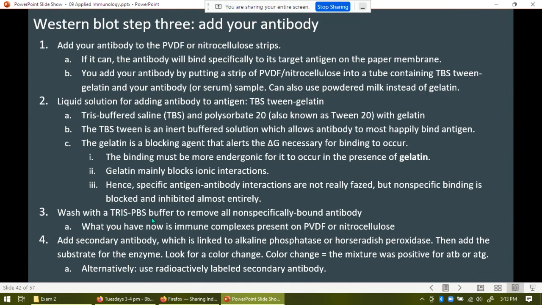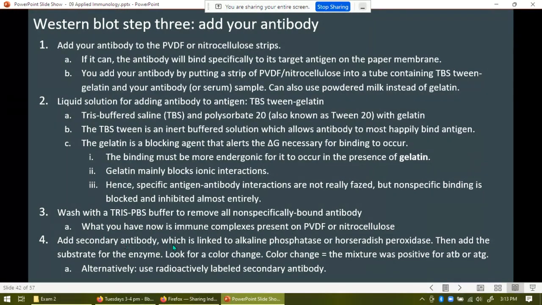Next, you're going to add tris PBS buffer to remove all non-specific antibodies from the serum mixture, usually serum, where you're looking for an antibody. So now you have immune complexes present on the PVDF, an antigen bound to the PVDF, and the antigen is also bound to an antibody.